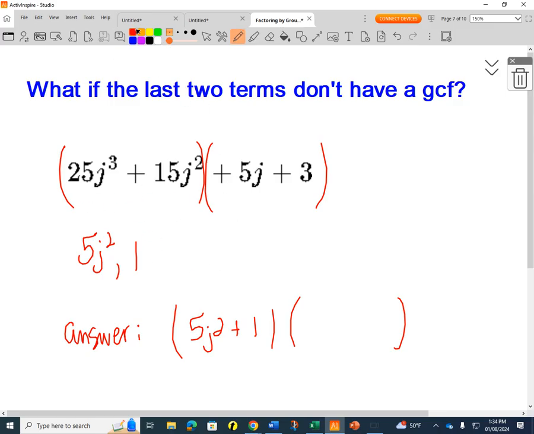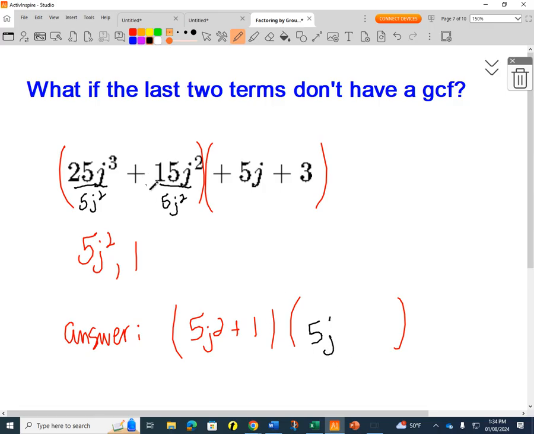What I would do is just go back up to here and divide it here. In the last example, I rewrote it. You can rewrite it if you want. It's up to you. But you could also just go back up here and say, okay, I'm going to divide this by 5j squared and this by 5j squared. 25 divided by 5 is 5. J cubed divided by j squared is j.